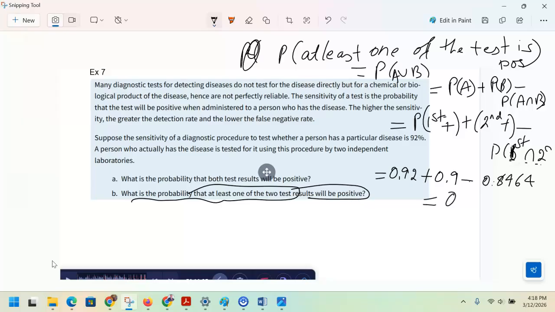You get this answer, a very high probability that the person will test positive. I hope this makes sense.